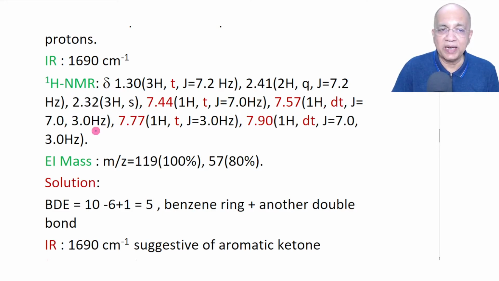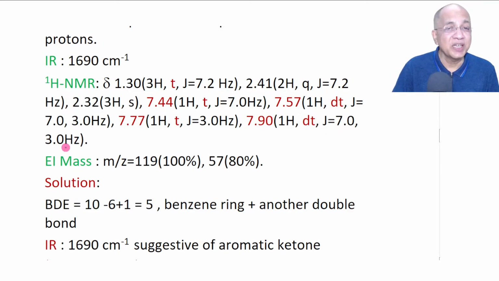Then coming to the aromatic region, which is very interesting, 7.44 is 1 proton triplet, 7.57 1 proton doublet of triplets with a coupling constant of 7, larger, and smaller is 3. Obviously this is J3 and this is J4. J5 is almost 0. And the other one is 7.77 ppm, 1 proton, simply a triplet with a smaller J4 value.